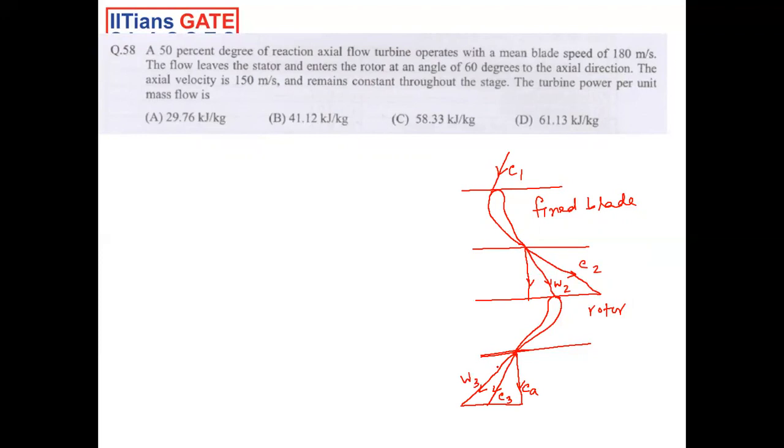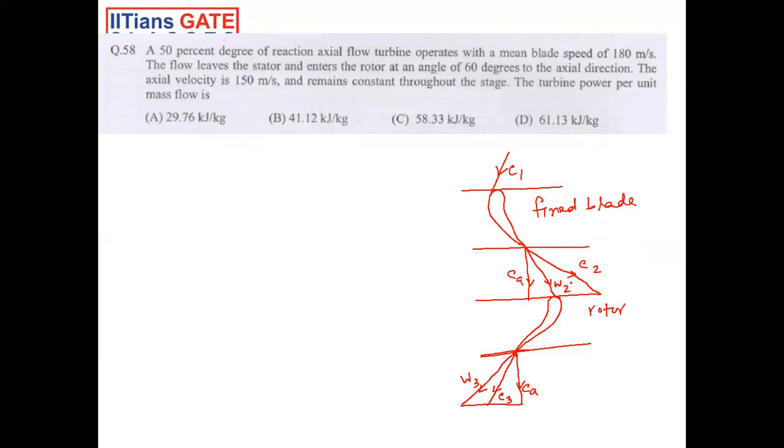So C is the... this is CA, which is axial velocity, and CA remains constant throughout the stage.